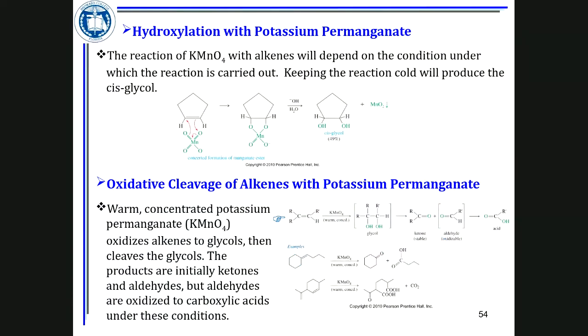With the cyclic alkene, you have this, and you are going to expose it to KMnO4. If the KMnO4 is dilute and cold, you get OH on each of these carbons. If it's warm and concentrated and you apply heat, it's going to give you oxidative cleavage, it is going to break the ring.